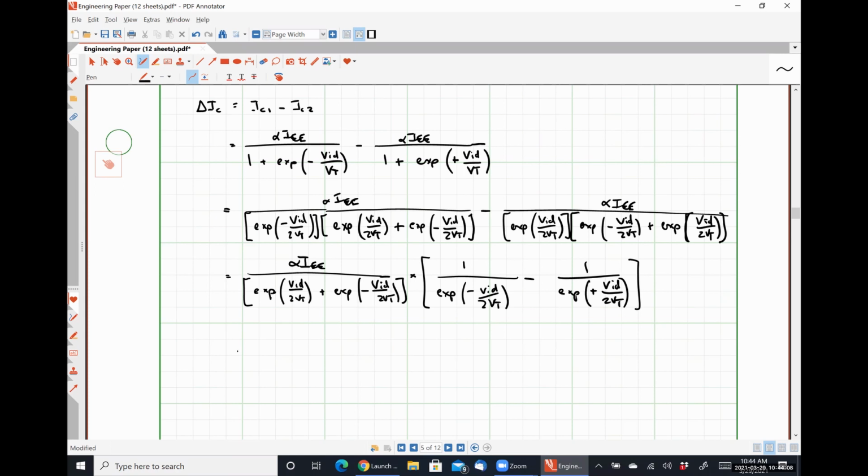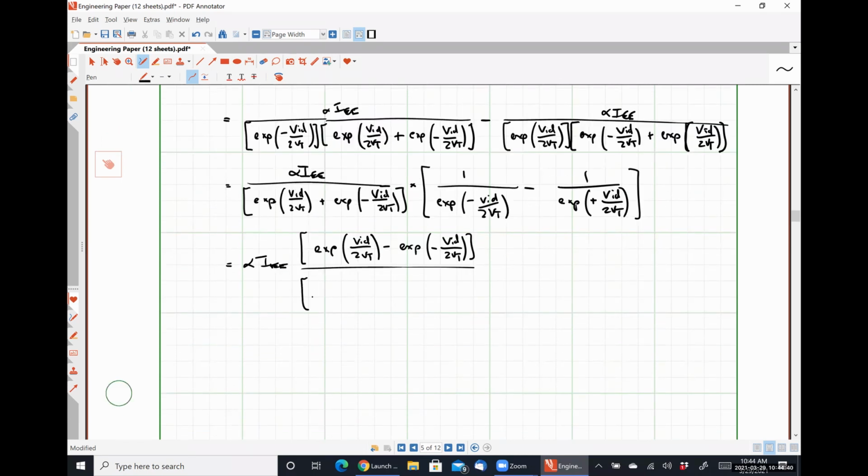So I can say that I'm going to have alpha IEE multiplied by EXP VID over twice VT minus EXP negative VID over twice VT, divided by EXP VID over twice VT plus EXP negative VID over twice VT.